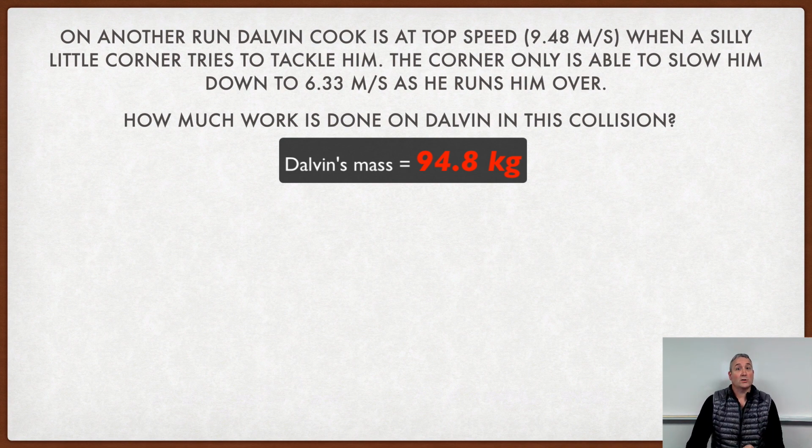So in other words, he slows down. So we should expect a negative kinetic energy value and a negative amount of work done. I'll give you a moment here to figure this out. You can hit pause and try to solve it.